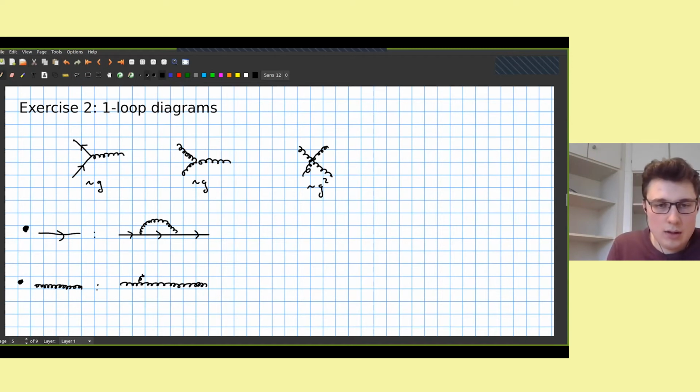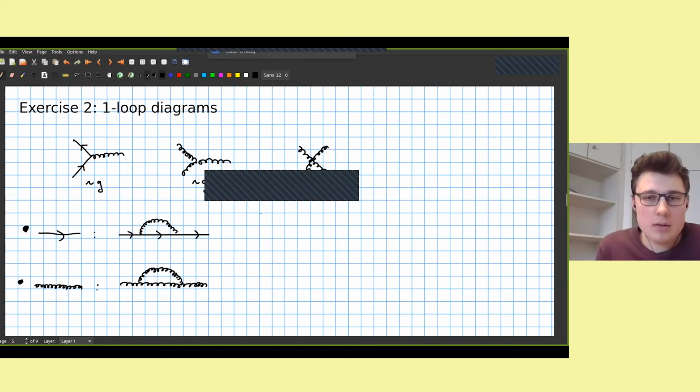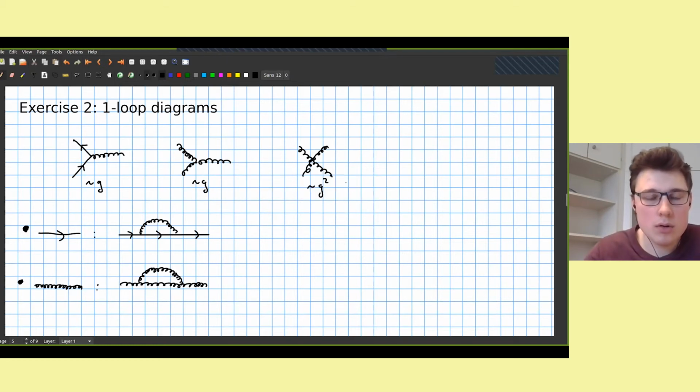So we could draw here the analog of this quark propagator graph right here. And now things become a bit more complicated. We have a bit more possibilities here, a bit more options.